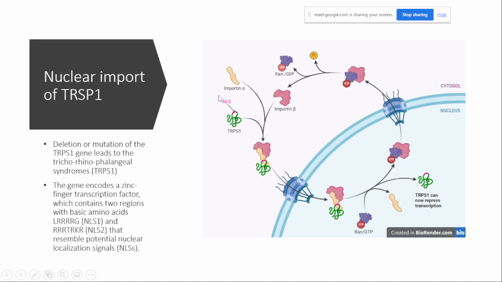It is in the interaction surface with the other protein, so it cannot be recognized by importin alpha, and now it cannot go inside the nucleus. Okay, got it? Very good. That's how you should think.